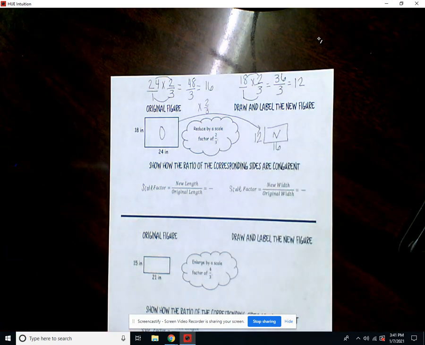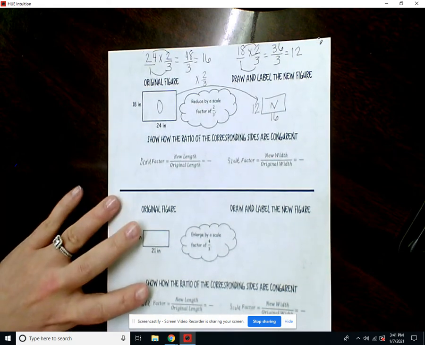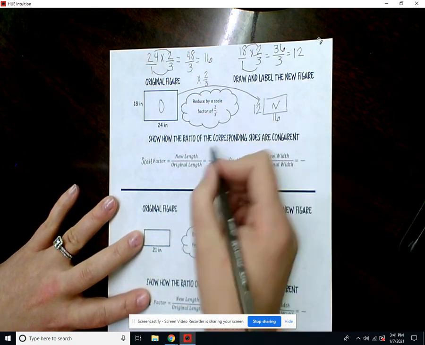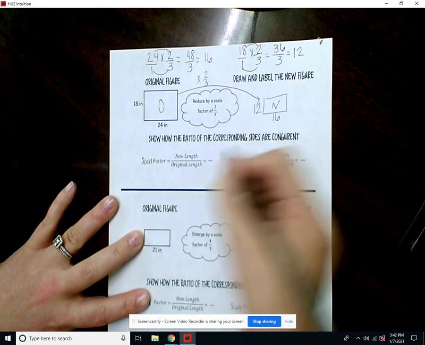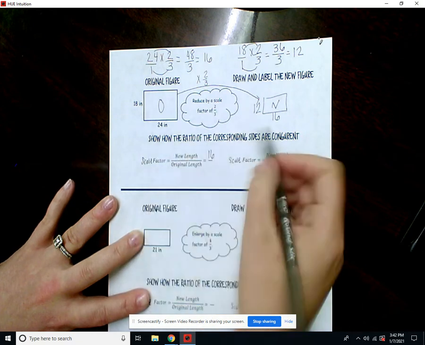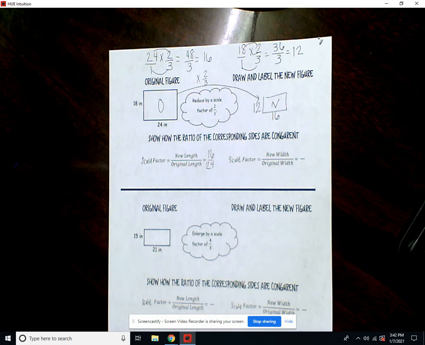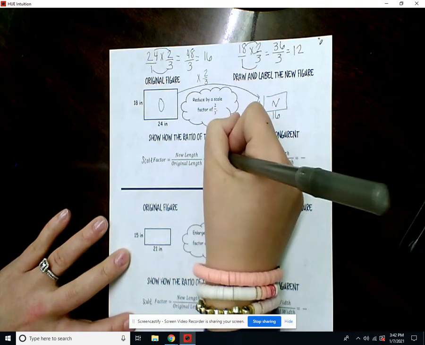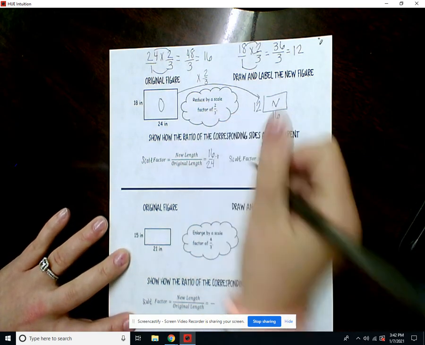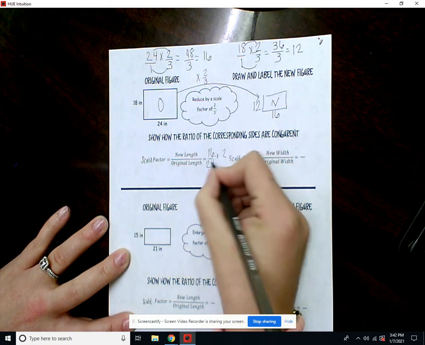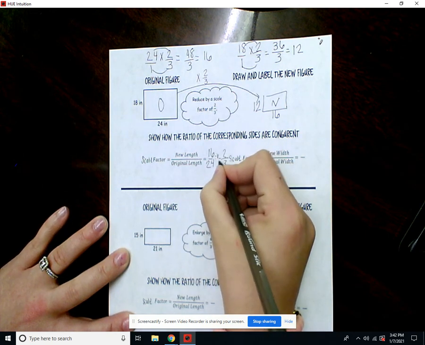So now we're going to show that it equals 2/3. So our new length is 16. And then our original is 24. So we're going to simplify that by 8. And 16 divided by 8 is 2. 24 divided by 8 is 3.